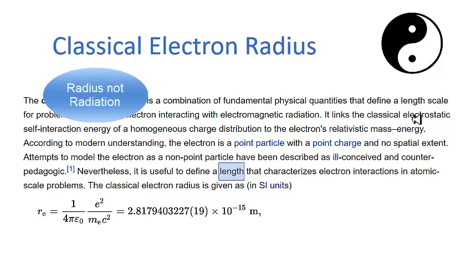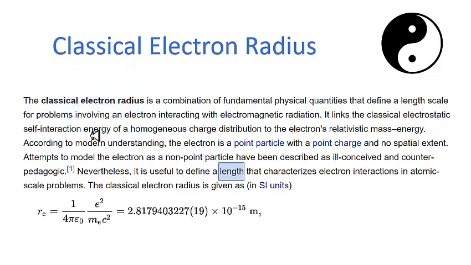It links the classical electrostatic self-induction energy, e squared over the permittivity, for a homogeneous charge distribution, a sphere, to the electron's relativistic mass, E equals mc squared.